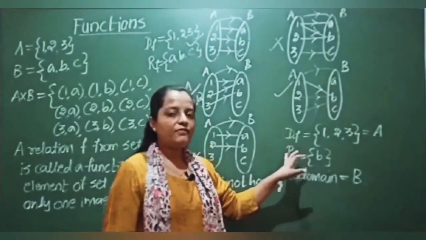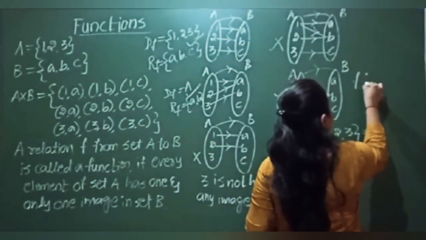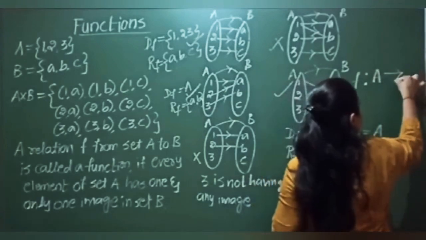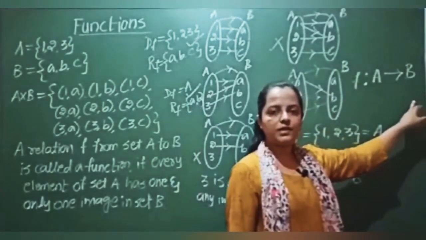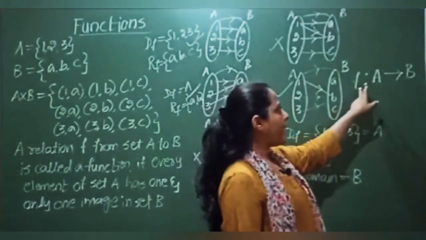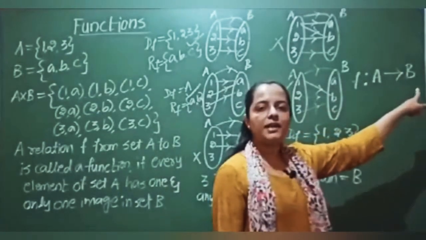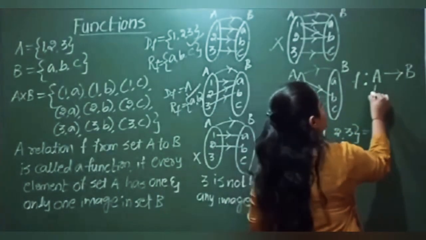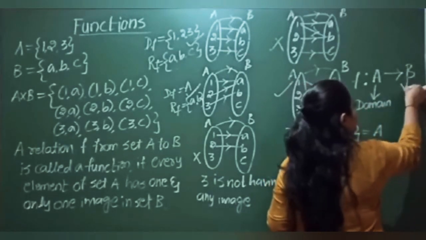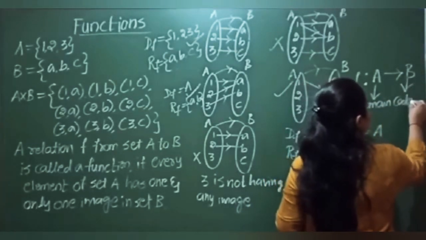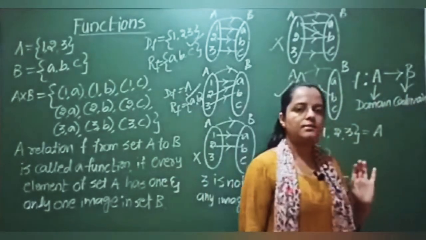So if f is a function from set A to set B, we write it as f from A to B, and read it as f is a function from set A to set B, or f is a mapping from set A to set B. Here, set A always represents the domain, and the second set B always represents the codomain.